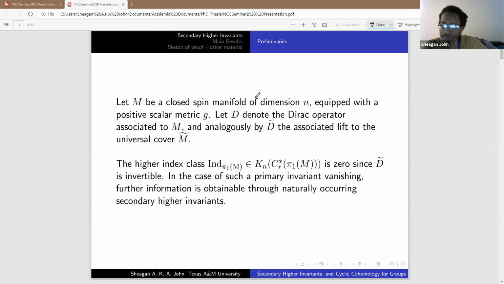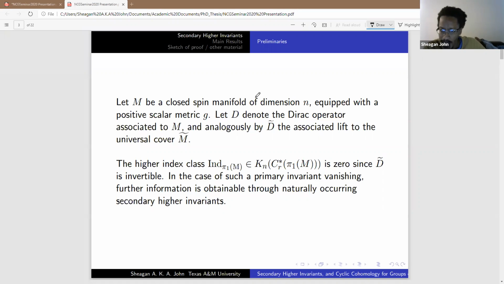So we're going to be considering a closed spin manifold of dimension n equipped with a positive scalar curvature metric. And then we have our Dirac operator, which captures the vast bulk of the geometric information of such a manifold.